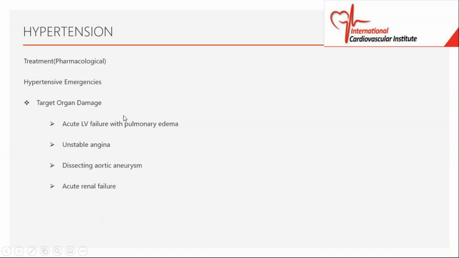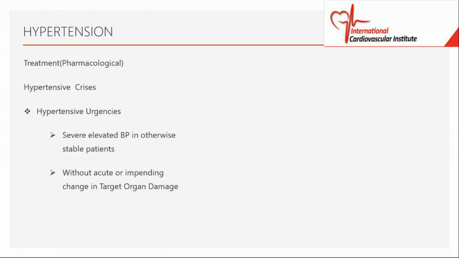The difference between hypertensive emergencies and hypertensive urgencies: the patient has an elevated blood pressure, but there's no target organ damage. Okay, you have a blood pressure of 220 over 100, and your kidney function is fine. There's no evidence of heart failure, no chest pain. They may just not have taken their medicine for a few days or a few weeks, or they may be eating stuff that they're not supposed to eat.